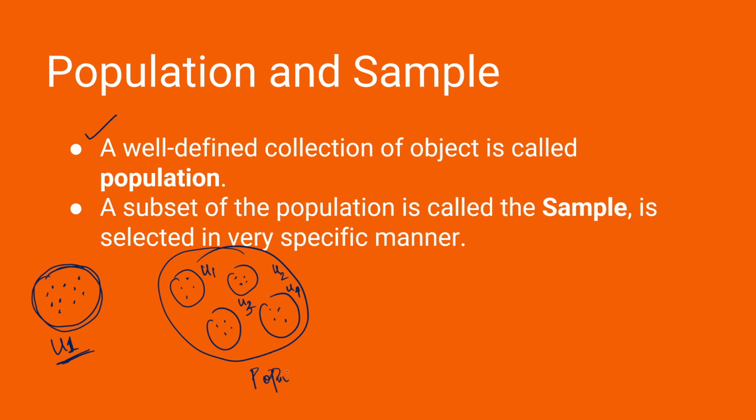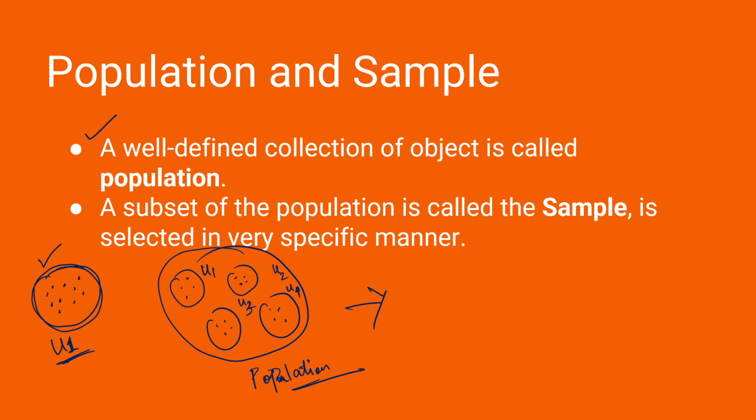This is your object. All right. So in this case, this group of objects is called the population. It depends on your aspect or the type of analysis you want to perform.